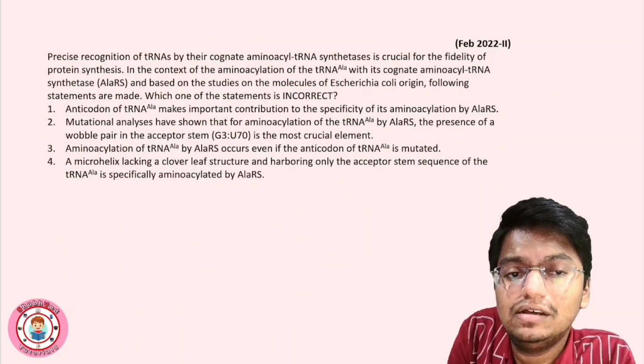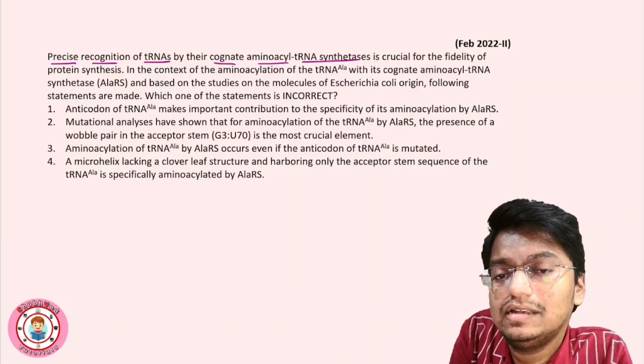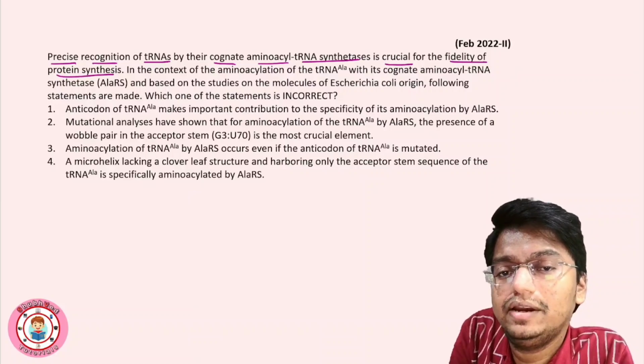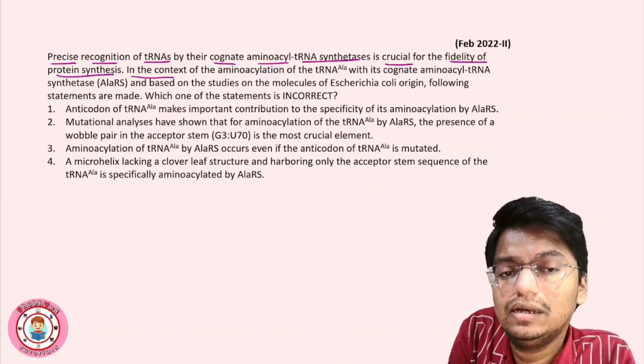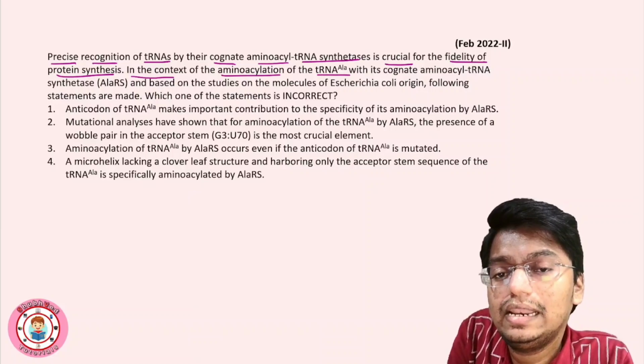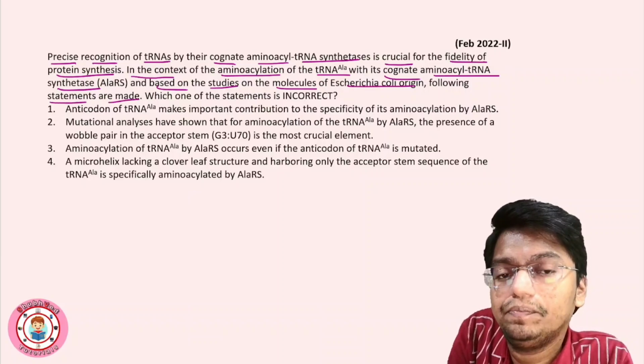Let's see the other. Precise recognition of tRNA by the cognate aminoacyl tRNA synthetase is crucial for the fidelity of protein synthesis, right? In the context of aminoacylation of tRNA alanine with its cognate aminoacyl tRNA synthetase, and based on studies on the molecules of Escherichia coli origin, the following statements are made.